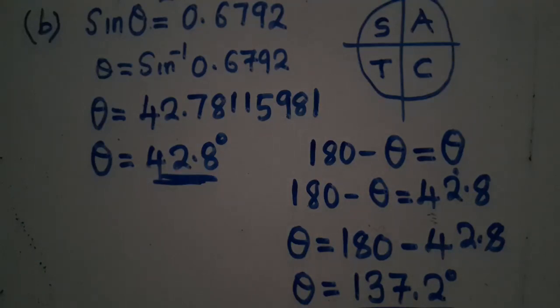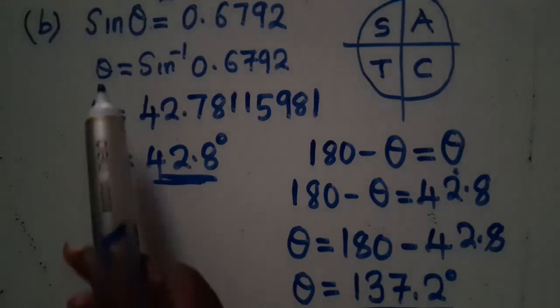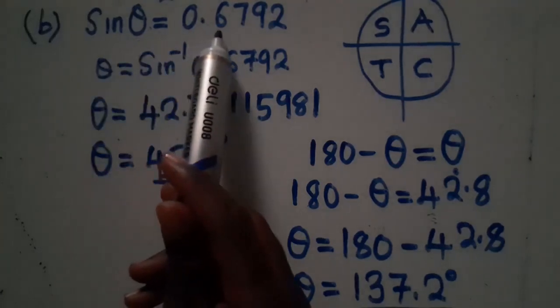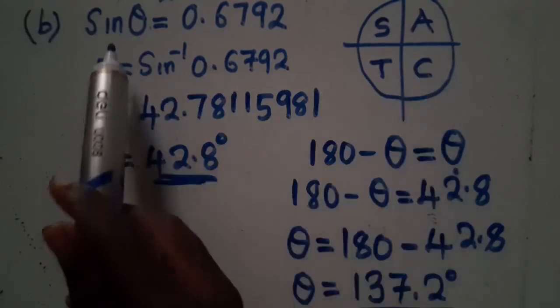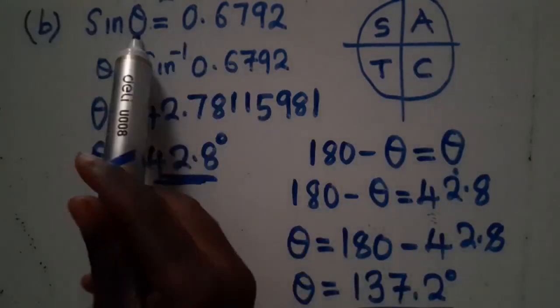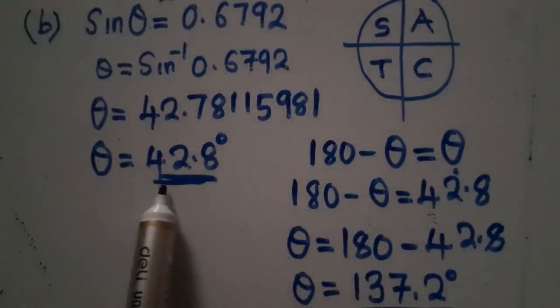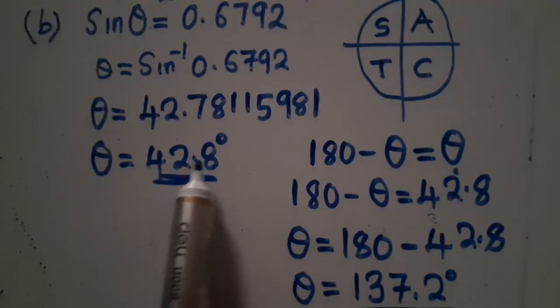So to prove what we are doing, anything in mathematics can be proved. If you want to prove this, we've got sine theta is equal to a positive answer there. So we look at where sine is positive. The first answer we've said is 42.8.